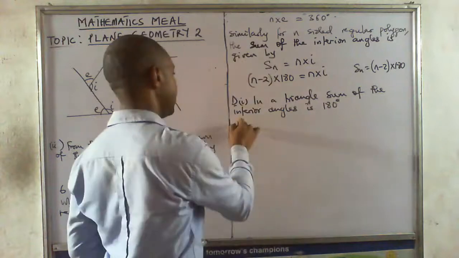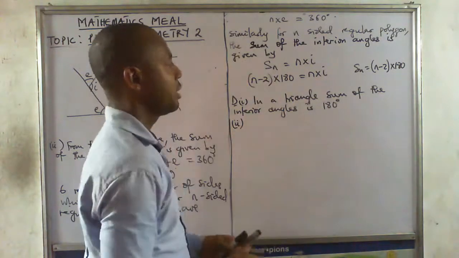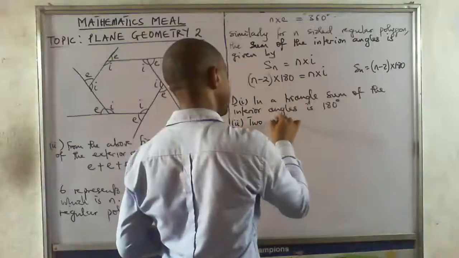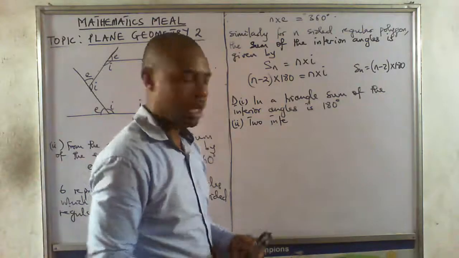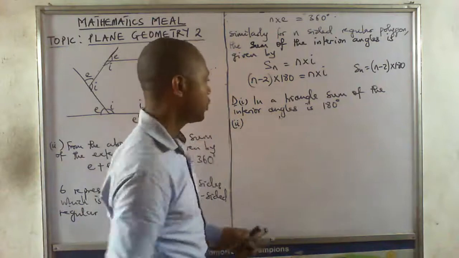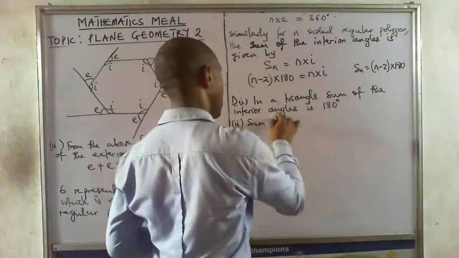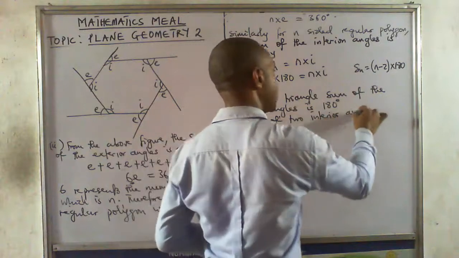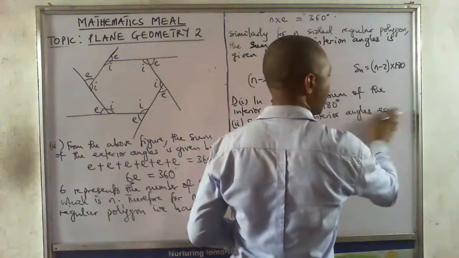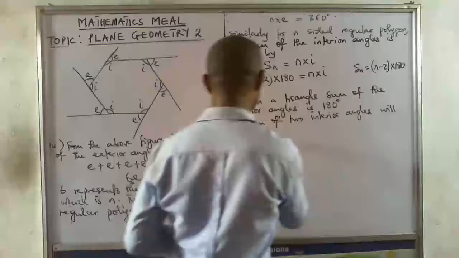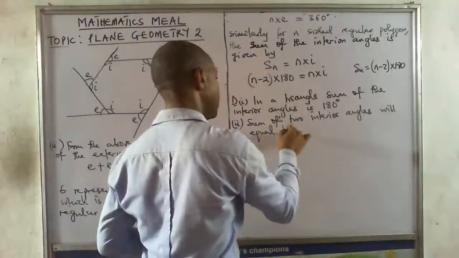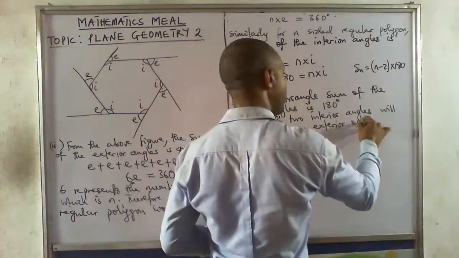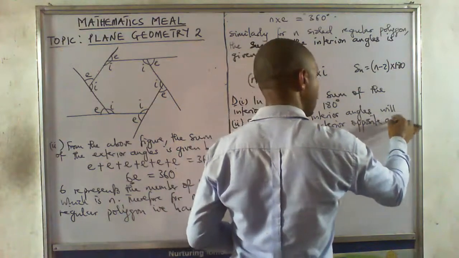We keep that, I. Then the sum of two interior angles will be equal to the exterior opposite angle.